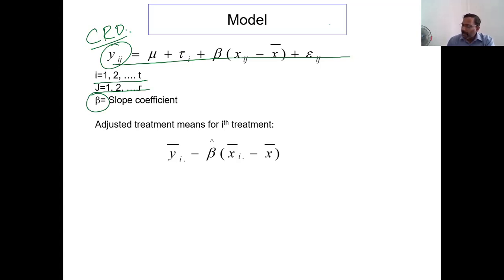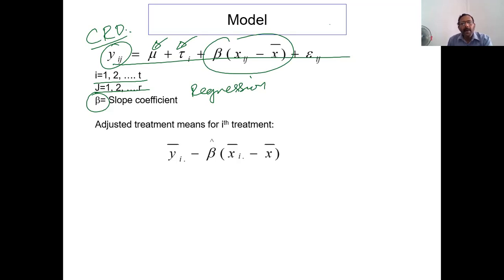Can you remember? We are introducing a regression. If you introduce a regression, definitely there will be a slope line. So here, this is the grand mean, the treatment effect. Now this is the adjusted value actually, right?